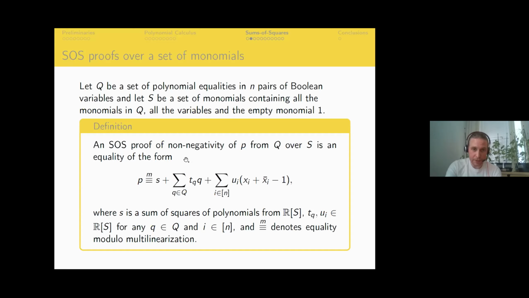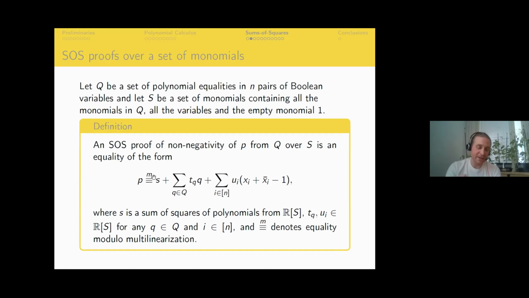So we say a proof over S is an equality of the form that P equals some sum-of-squares, and then lifts of the Q axioms by some polynomial using all the monomials from the set S, and the lifts of these complementarity axioms with lifts using only monomials from the set S. And this equality is modulo multilinearization.